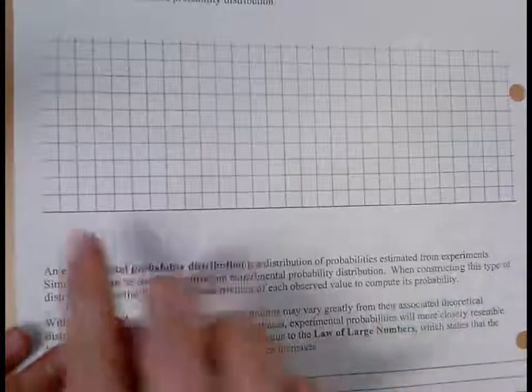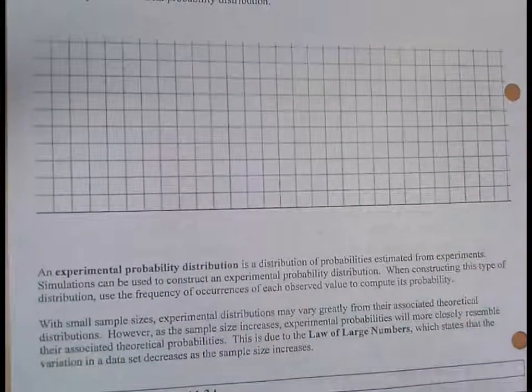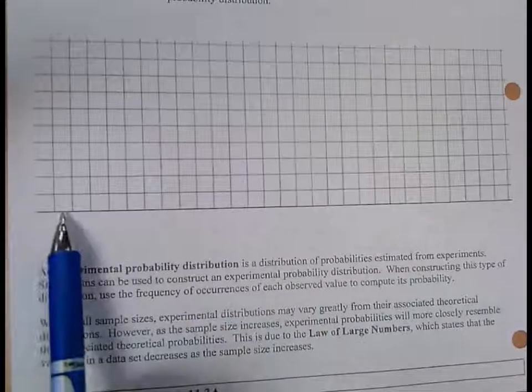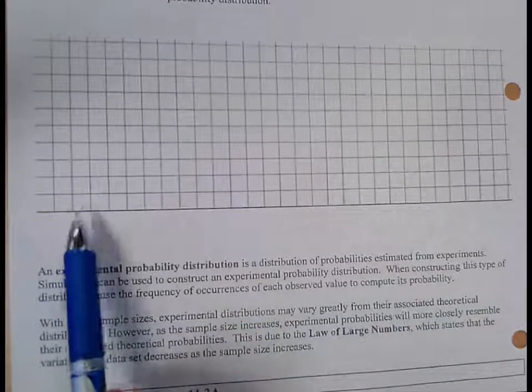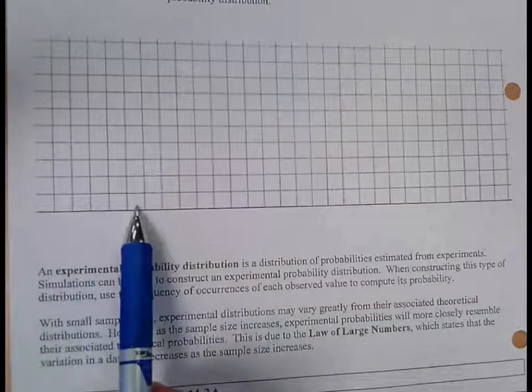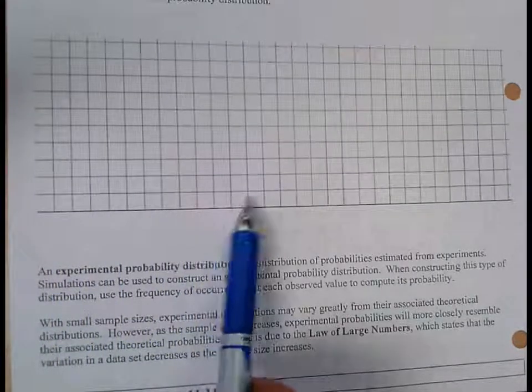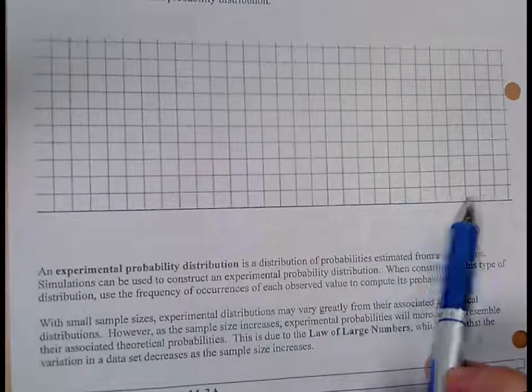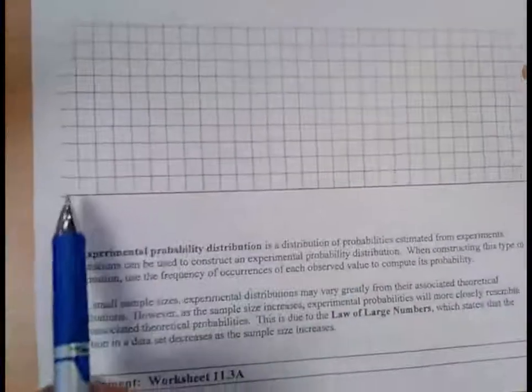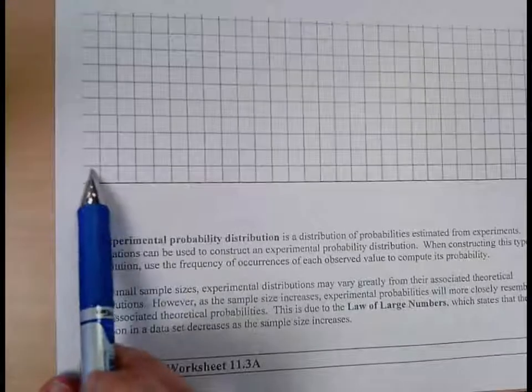I'm not sure with the grid I gave you, maybe it does work if you have this square as one and then you skip one. It might work actually if your first bar is this first graph.